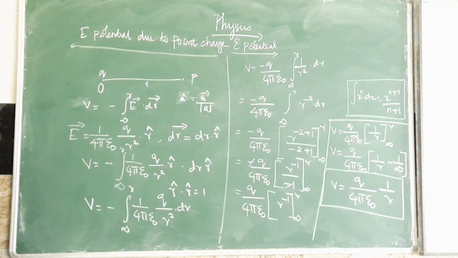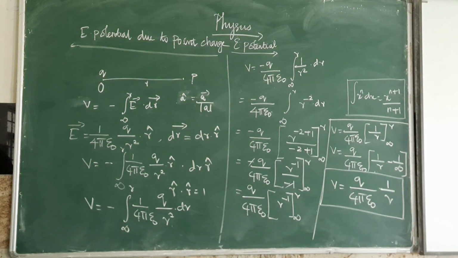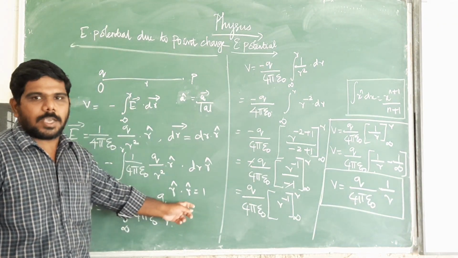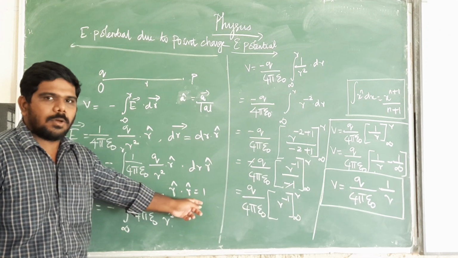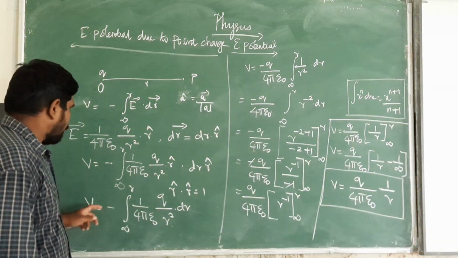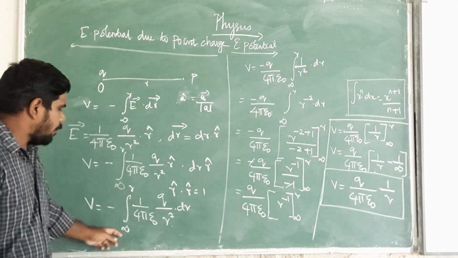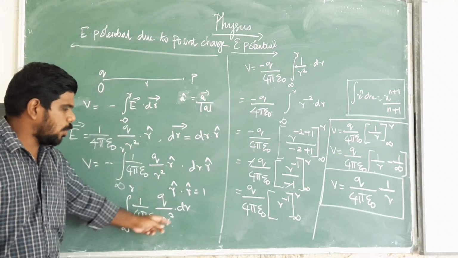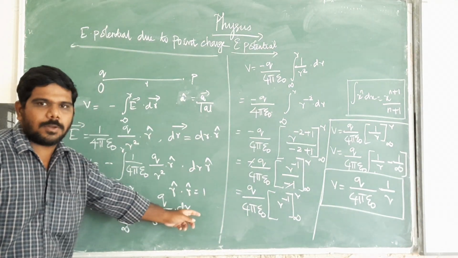Similarly, r cap dot r cap is equal to 1. So V is equal to minus integral from infinity to r of 1 by 4 pi epsilon 0 q by r square into dr, because r cap dot r cap is equal to 1.